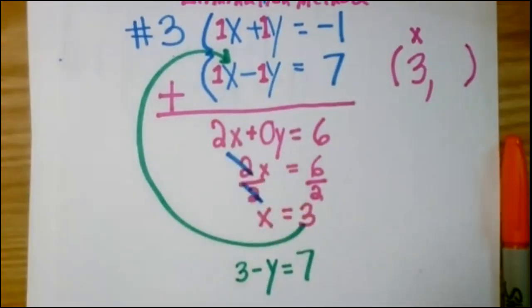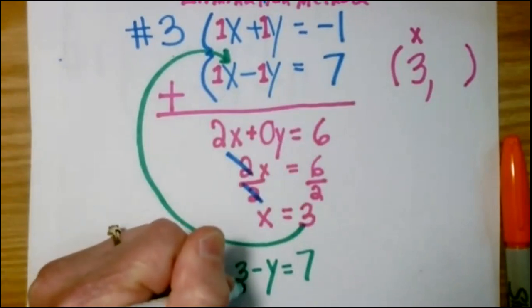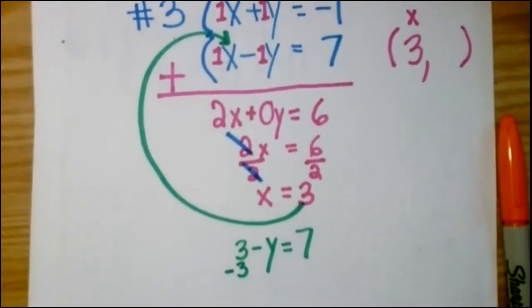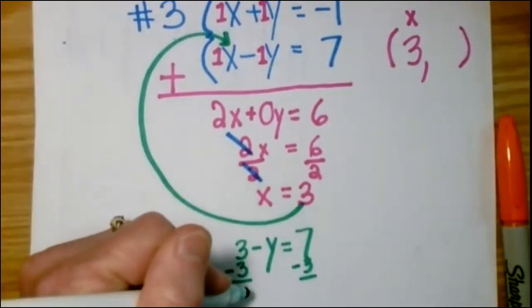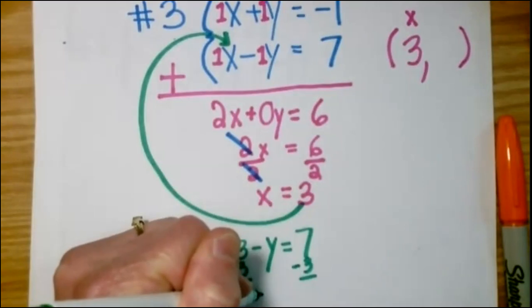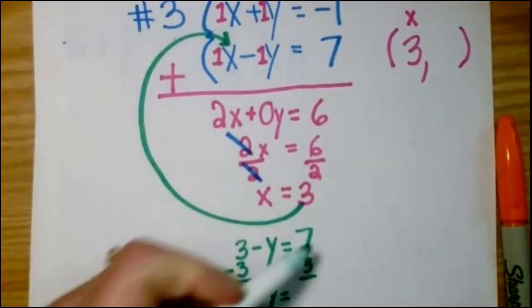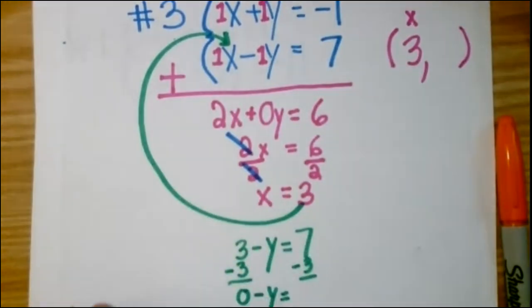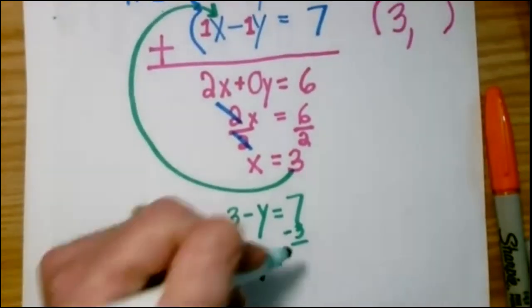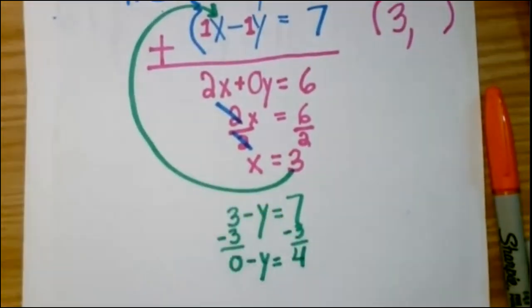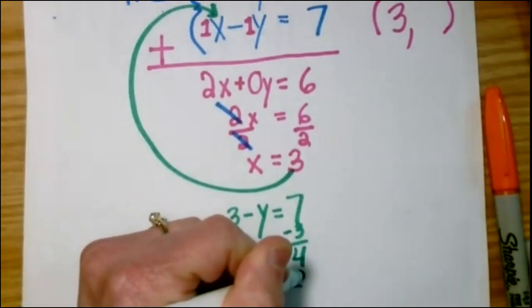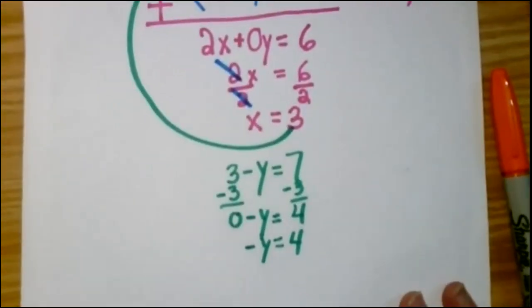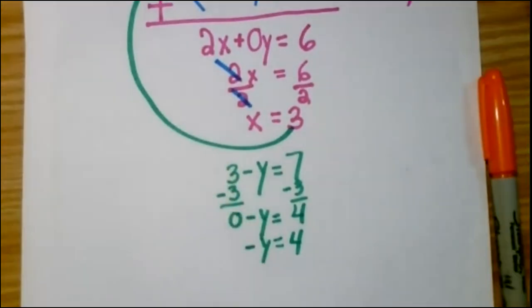Now I just solve for y. I subtract 3 from both sides. 3 minus 3 is 0, minus y. 7 minus 3 is 4. And then I am left with negative y equals 4. That's really a negative 1y, right?